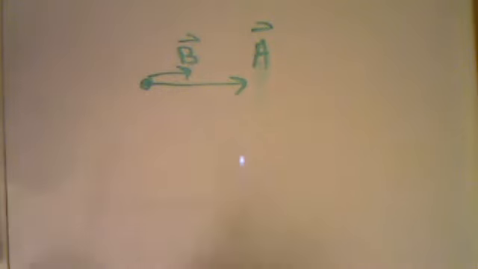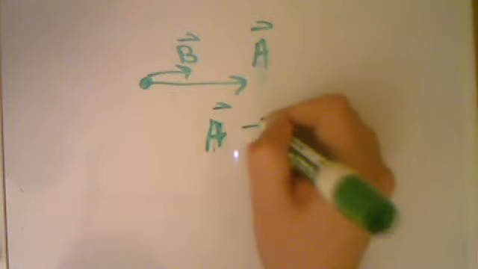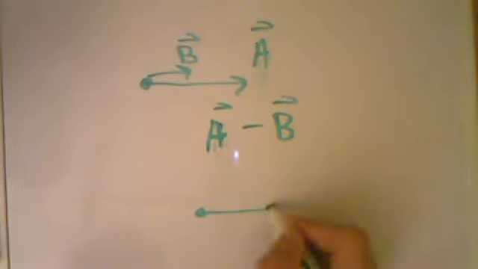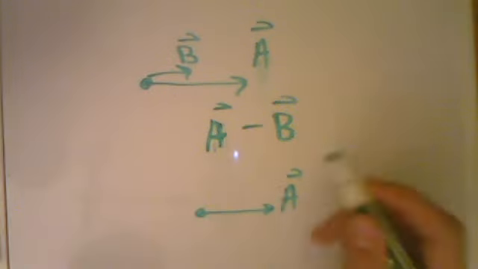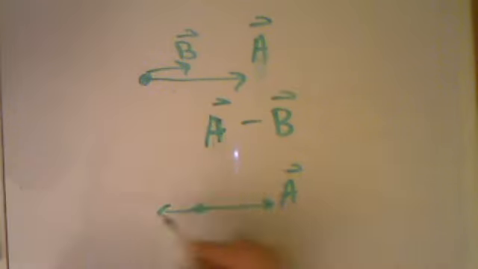However, what if we want to subtract those two vectors? Subtracting is pretty much adding the vector in the opposite direction. So if I want to do A minus B, I'm going to redraw my picture, vector A, but instead of drawing B in the same direction, I draw it in the opposite direction.